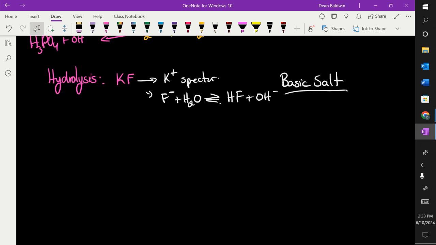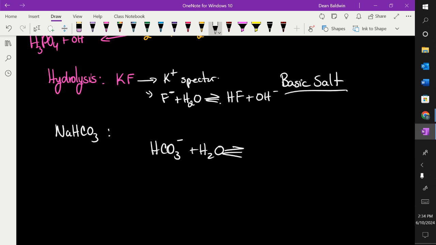What happens if you have something like this? Sodium bicarbonate. Okay. Do we care about the sodium? No. So really, we're just focused on the bicarbonate. So what can happen here?